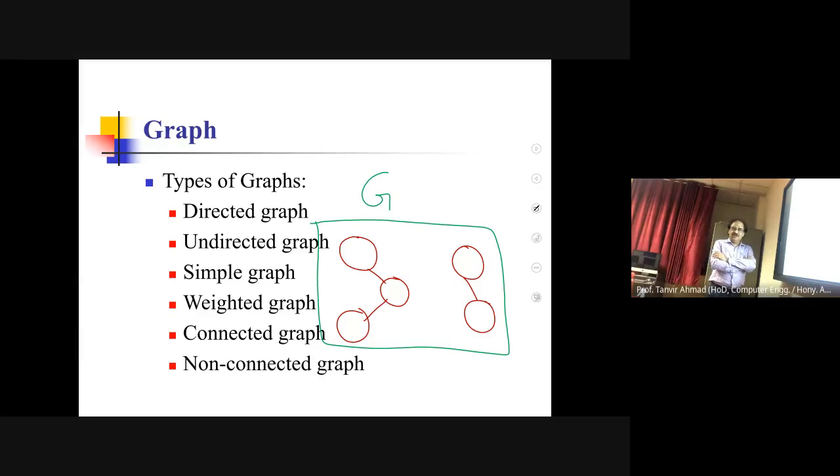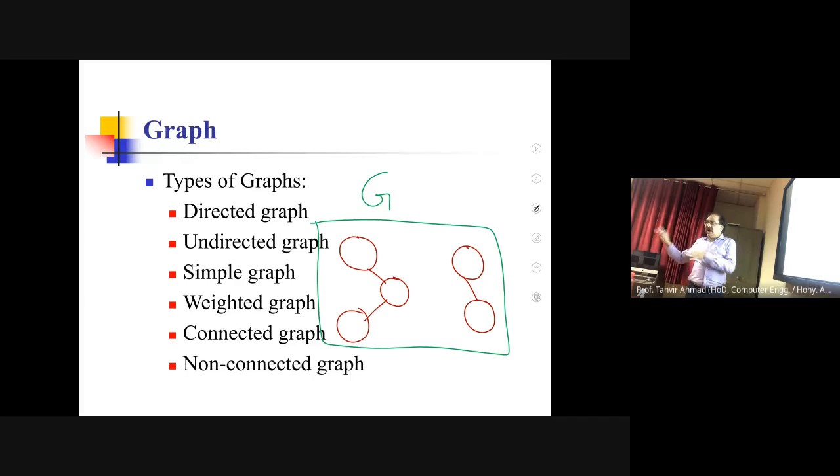Now can you tell me where you will find the application of this graph? How did I draw this type of graph? In what scenario will you find that this graph is there? How will this graph be generated? For example, I want to draw the roads of India. There could be some roads which are not connected to the rest of India.